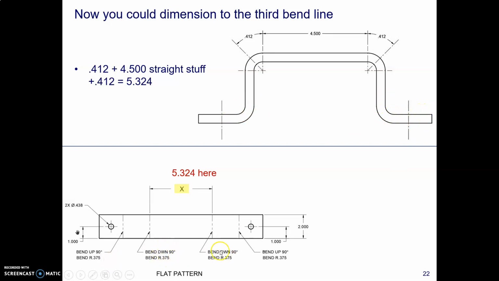When we say bend down, that means you can't just stick the flat bar in the press brake and go boom, boom, boom, boom. You'll make a box. So you are telling them with this bend up and bend down note that these 2 bend lines in the middle of the part are bent the opposite direction from the 2 bend lines on the outside of the part.